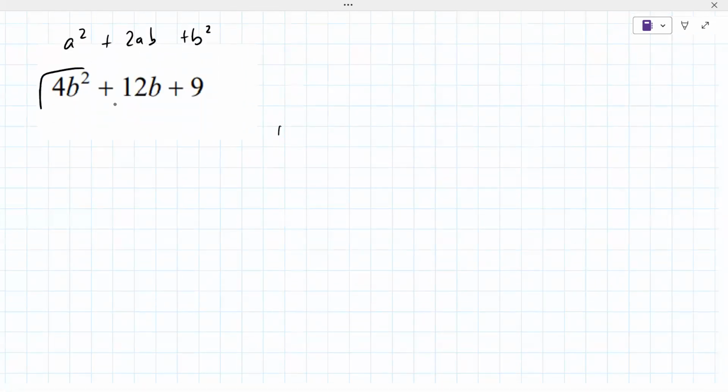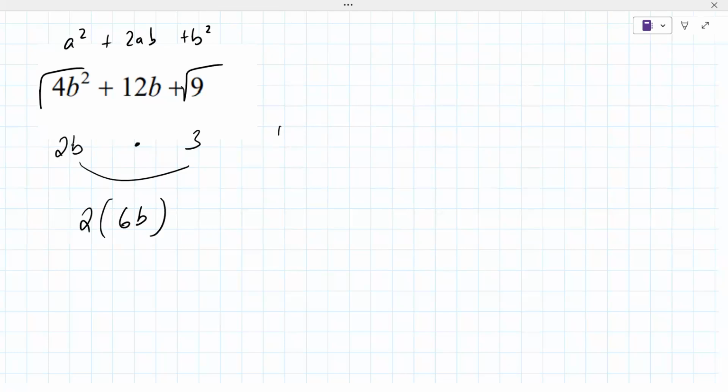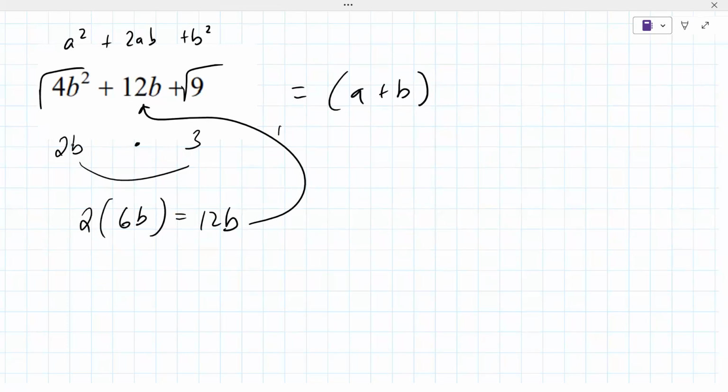So you're taking the square root of the first, the square root of the last, multiplying the results together. Wait, let me try. Wait, so it's like 2b plus 3, times 3. You multiply them together, and then you double it. Is that the middle one? Yes. This becomes a plus b squared.